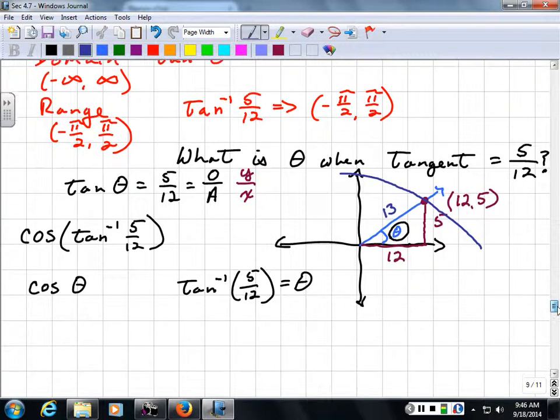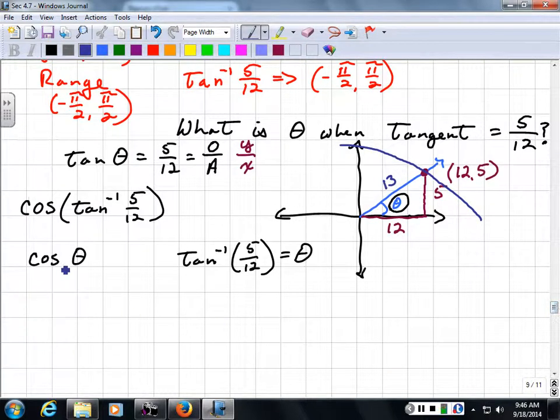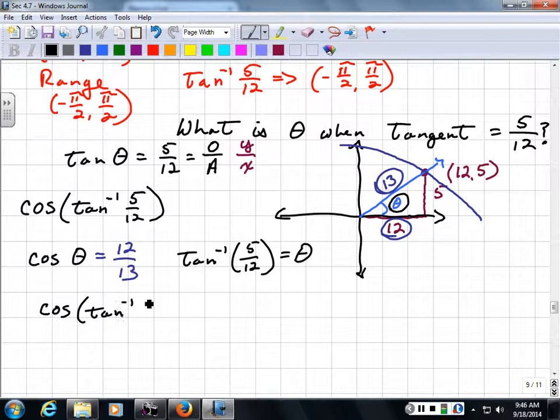That's a really bad semicircle, but just pretend. So now that I know this, the cosine of theta, if theta is equal to 5, 12, 13, is going to be equal to what? 12 over 13. Which means that the cosine of the inverse tangent of 5 over 12 is equal to 12 over 13. At no point did I need to know what theta was. Okay?